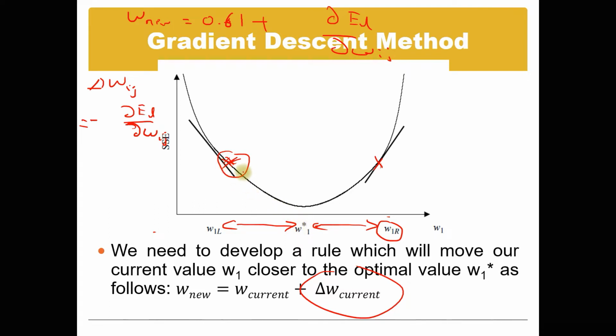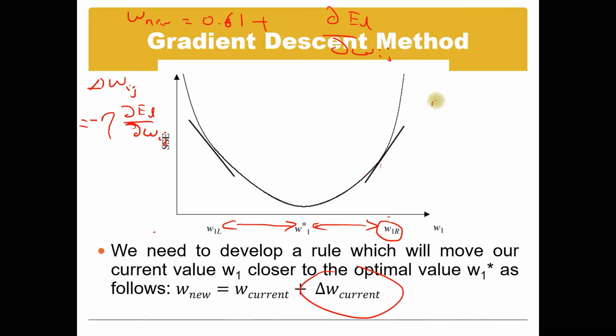When you update it using the same method, it will move to the right again. So each and every time the value will keep on oscillating around the same two values, which is not a very good idea to have with del E by del Wij. So this is why you need to add an additional term to it, which is eta.